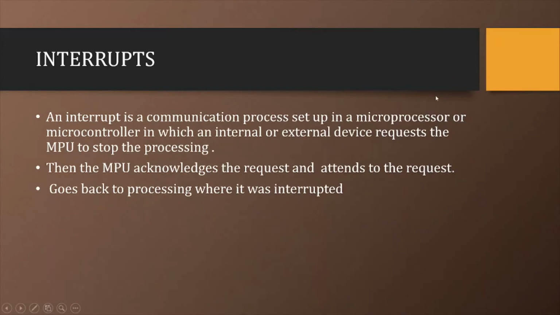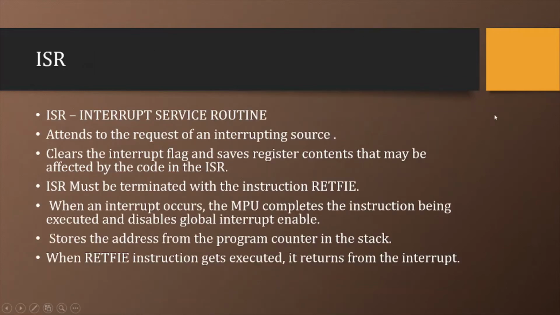Interrupts. An interrupt is a communication process set up in a microprocessor or a microcontroller in which an internal or external device requests the MPU to stop the processing. Then, the MPU acknowledges the request and attends to it. Then it goes back to the processing where it was interrupted. ISR, known as interrupt service routine, attends to the request of an interrupting source.